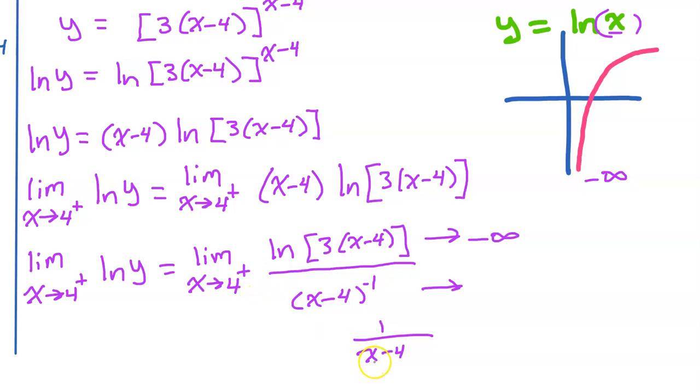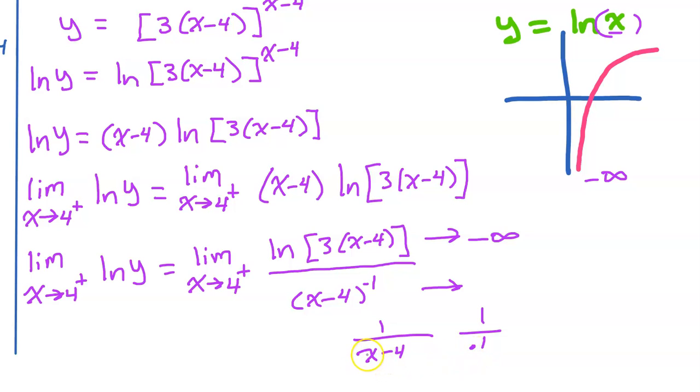In other words, imagine that x is 4.1, and then 4.01, and then 4.001. So we're getting closer and closer to 4. When you subtract 4 from each of those numbers, if this was 4.1, you subtract 4, and this would be 0.1.